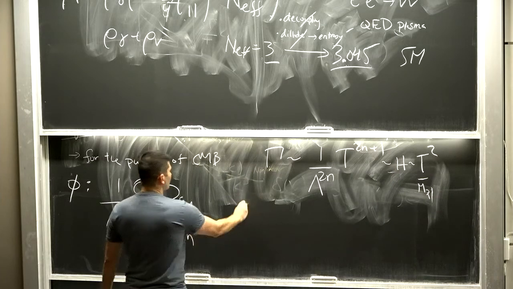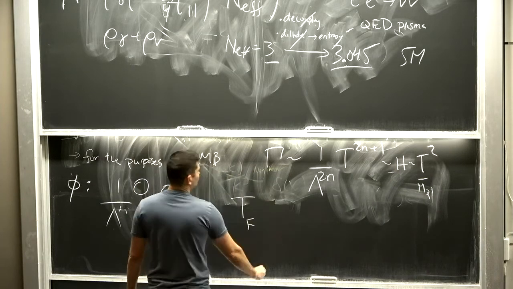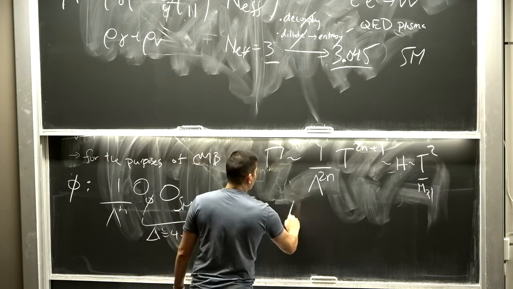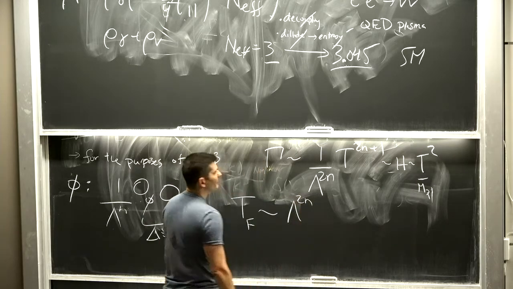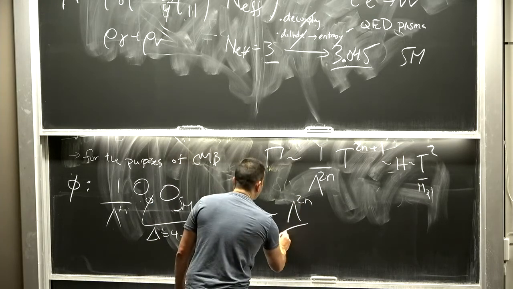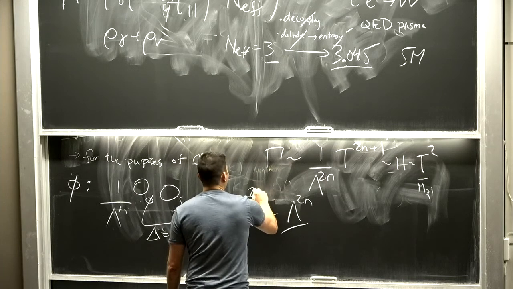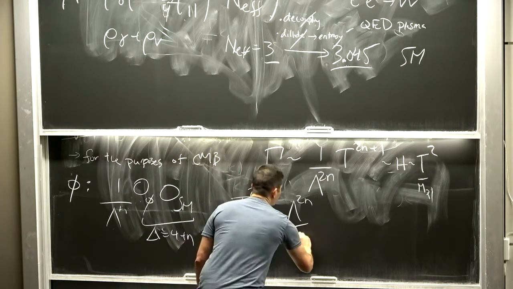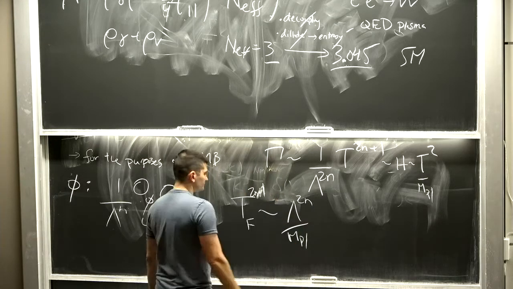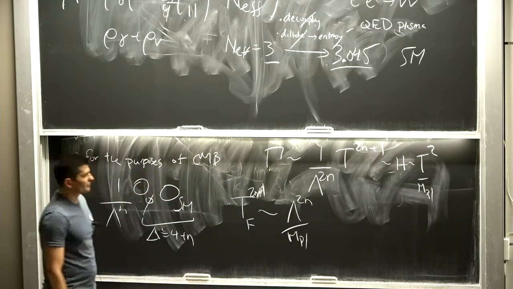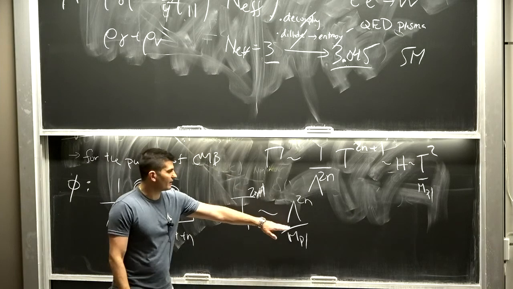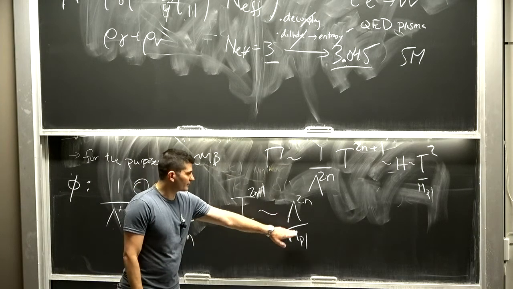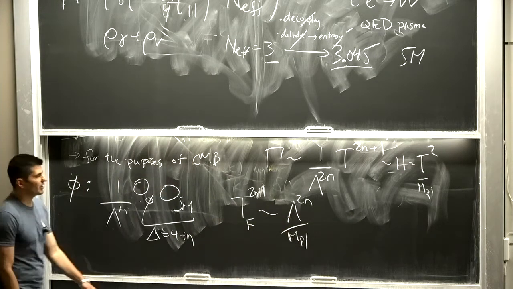And so that tells us that the freeze-out temperature, T freeze-out to the 2n minus 1, goes like lambda to the 2n divided by M Planck.